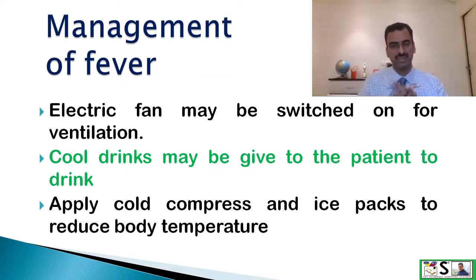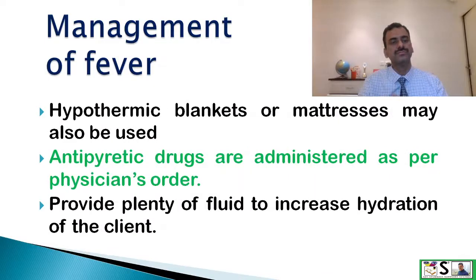Cool drinks may be given to the patient and apply cold compress or ice packs to reduce body temperature. Hypothermic blankets or mattresses may be used, and if these activities cannot lower the temperature, then antipyretics drugs can be administered on physician's order.